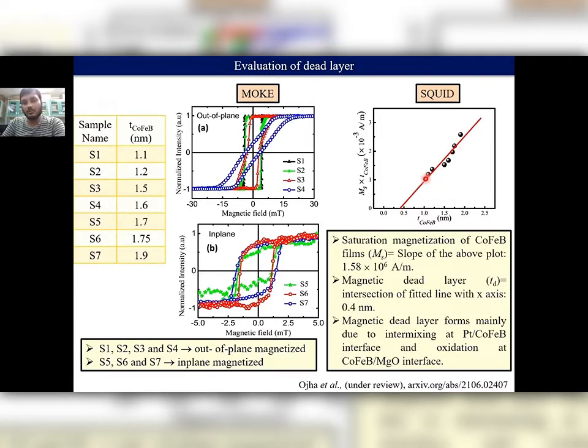The slope of the fitting gives basically the saturation magnetization of the sample, and the fitted line cuts the x-axis around 0.4 nanometer, which gives the dead layer of the system. In our system, the magnetic dead layer is formed due to the intermixing at the platinum cobalt iron boron interface and due to oxidation at the cobalt iron boron MgO interface.